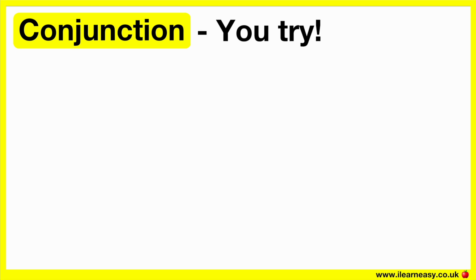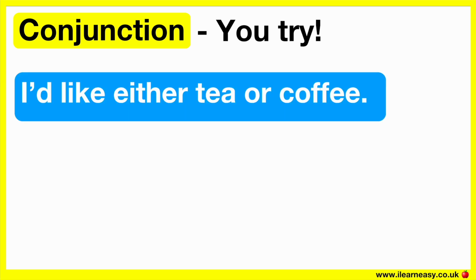Now you try. Read the sentences, identify the conjunctions, and then think, which type of conjunction is it? I'd like either tea or coffee. The conjunctions in this sentence are either...or.